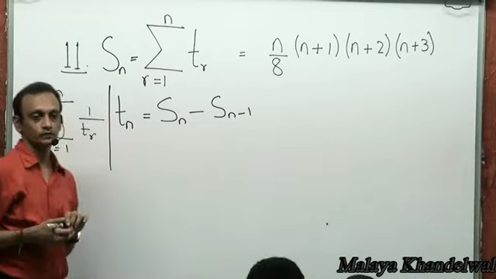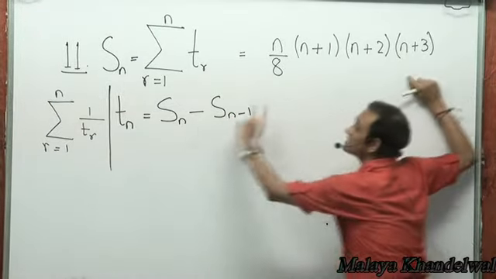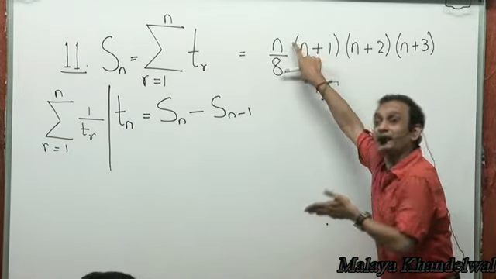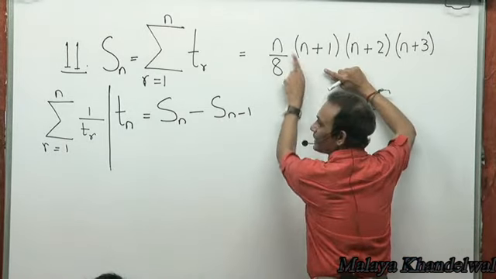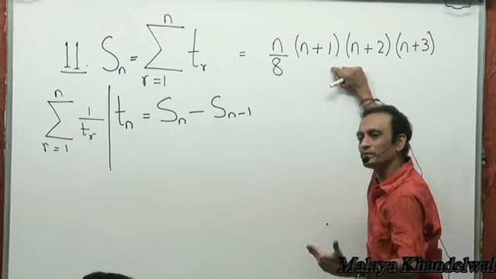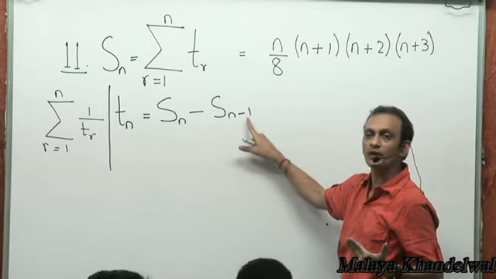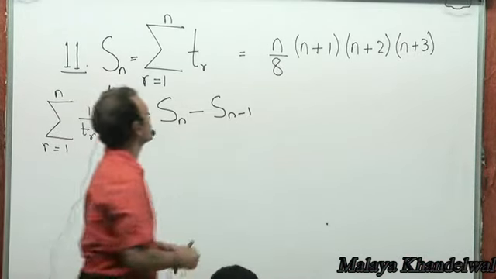Sum up to n terms is this. Sum up to n minus 1 terms can be obtained by replacing n by n minus 1. So this is Sn. Replace n by n minus 1, you get Sn minus 1. And the difference between sum up to n terms and sum up to n minus 1 terms is going to give us the nth term.